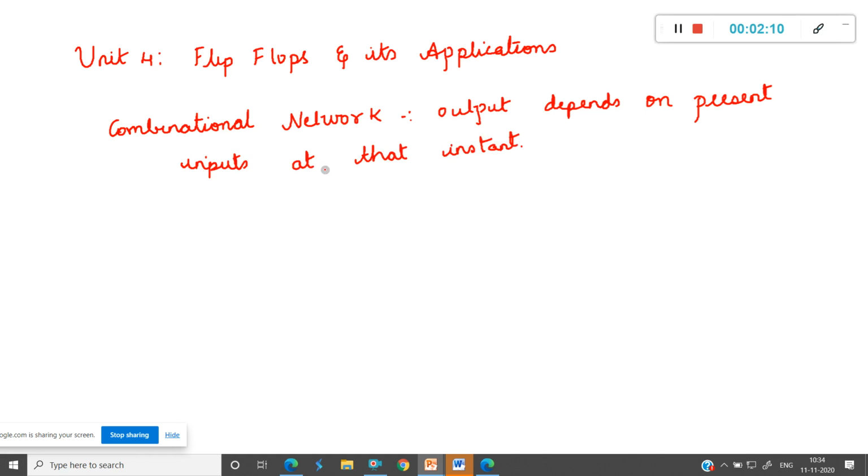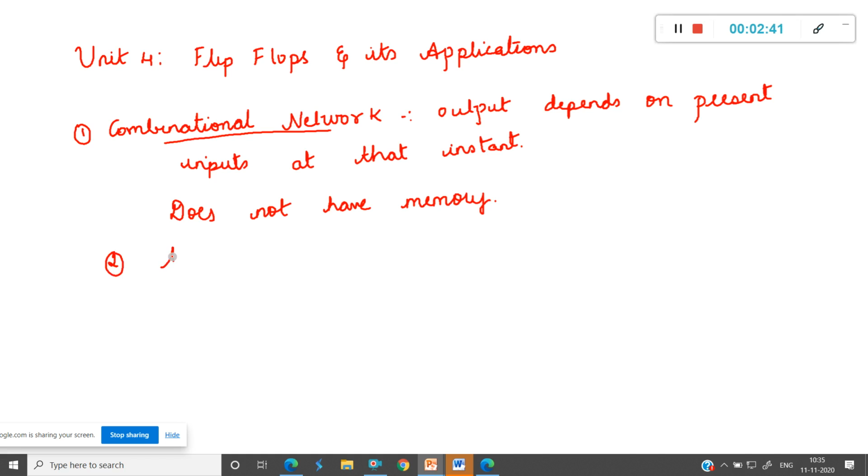So here the output depends on the present input only, so past history of inputs is not required for the output, so there is no necessity of memory. A combinational network does not have memory. So this is one type of network, that is the combinational network.